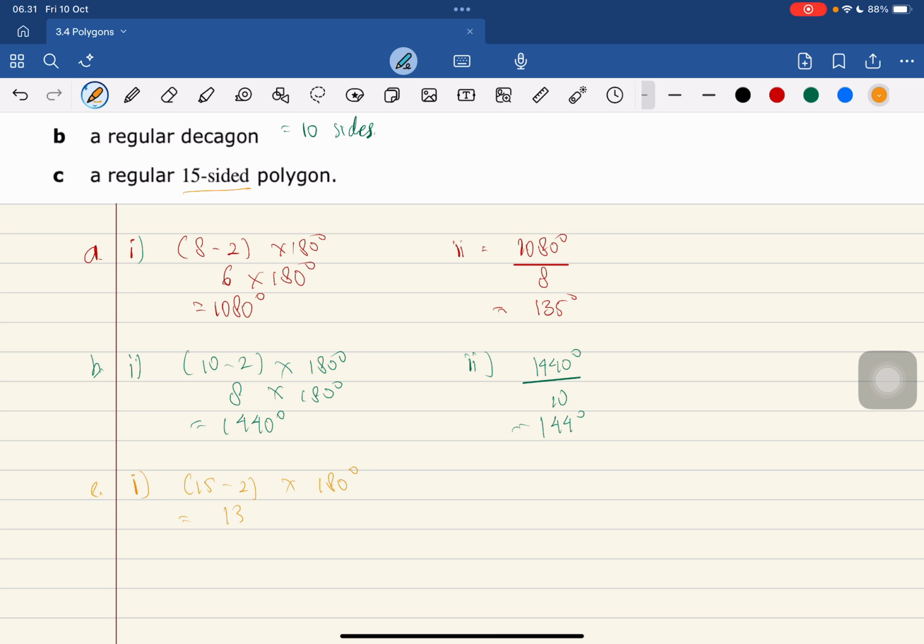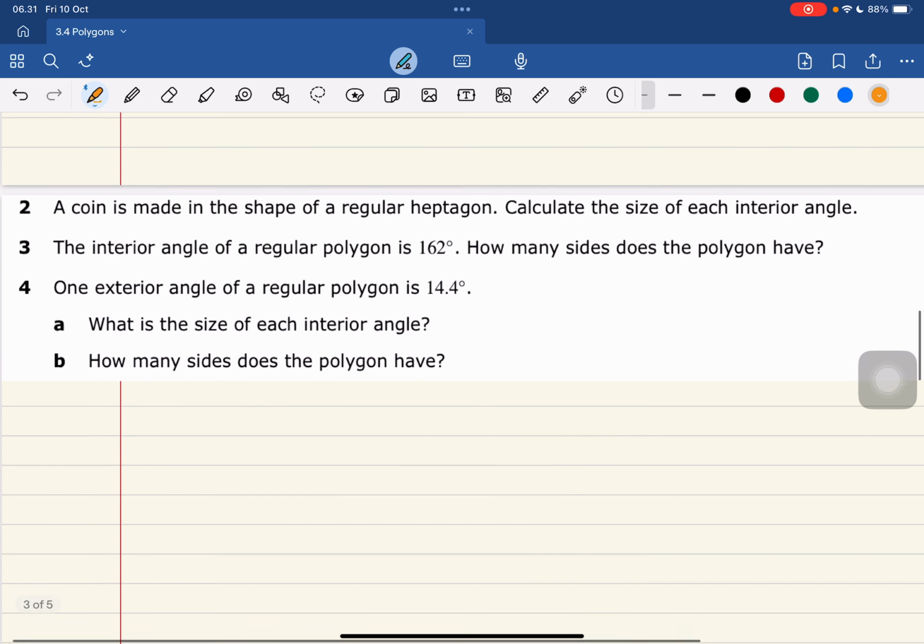So this is 13 times 180 degrees, which gives us 2340 degrees. For one interior angle, we take the sum, 2340 degrees, and divide by how many sides there are, which is 15, because they are regular, so all sides are equal. This gives us the answer of 156 degrees. There it is.